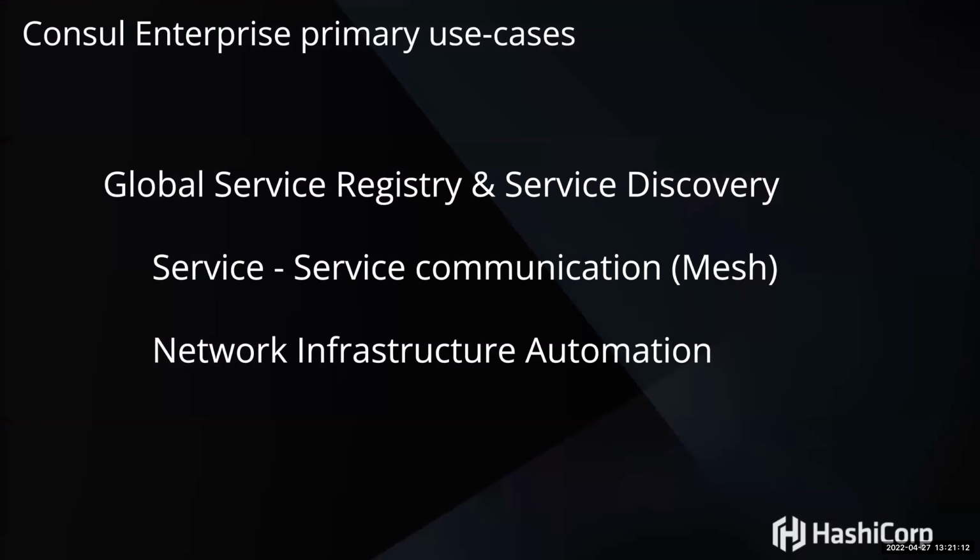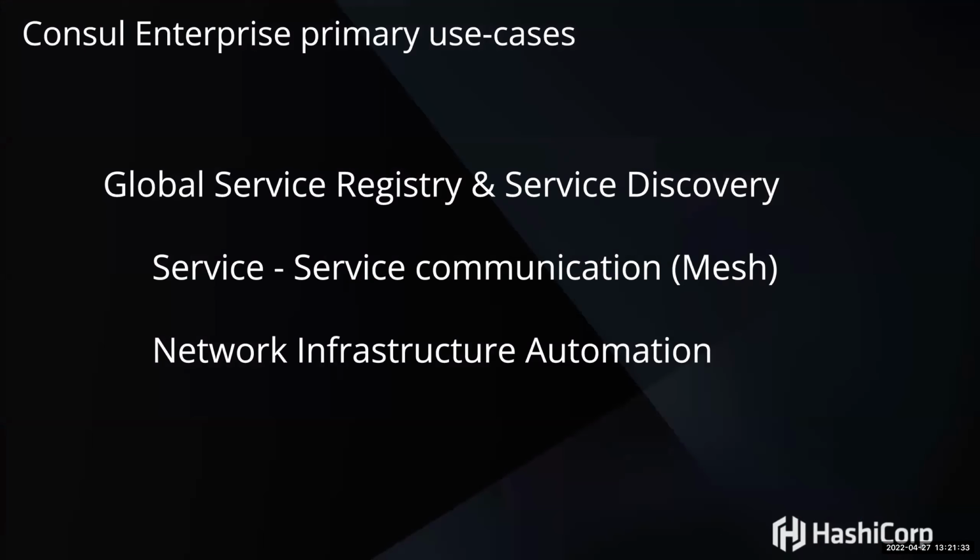And one of the two fundamental elements that come out of the global service registry is the ability for us to create a service-to-service communication pattern, which is sometimes called ServiceMesh. In some literature, you will see it called Consul Connect. And the second piece is the ability for us to automate network infrastructure.